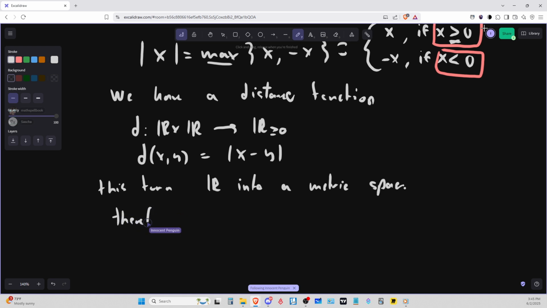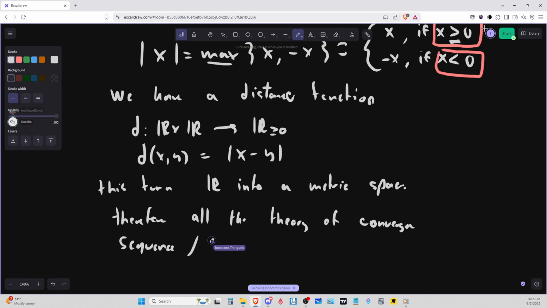Therefore, all the theory of convergent sequences and Cauchy sequences applies to this case.